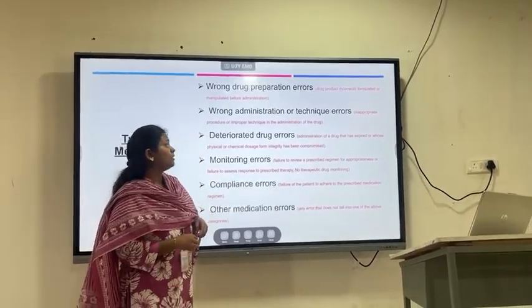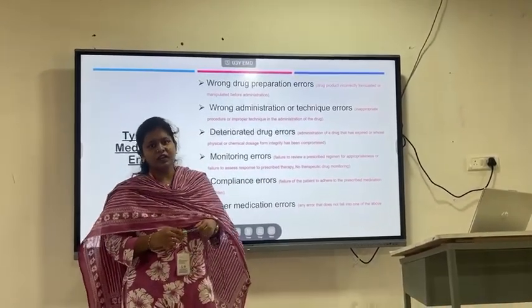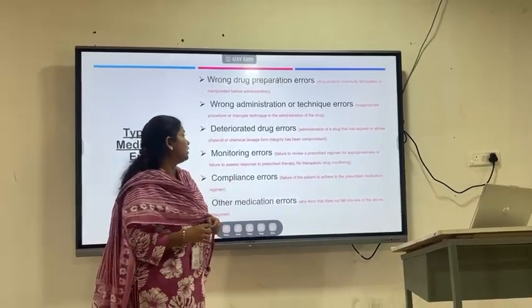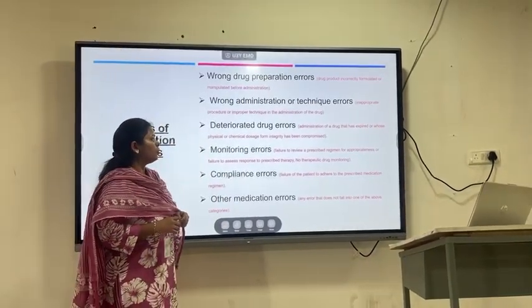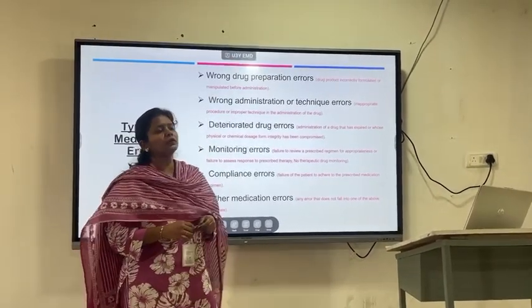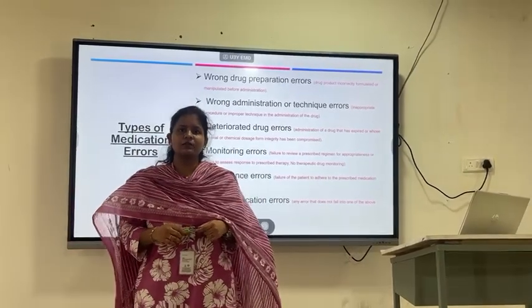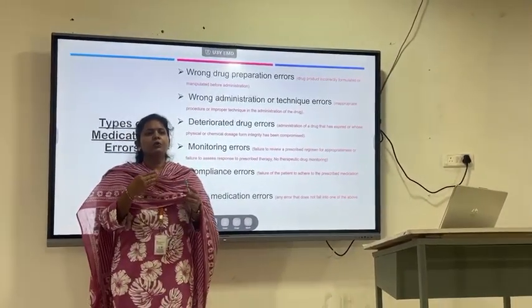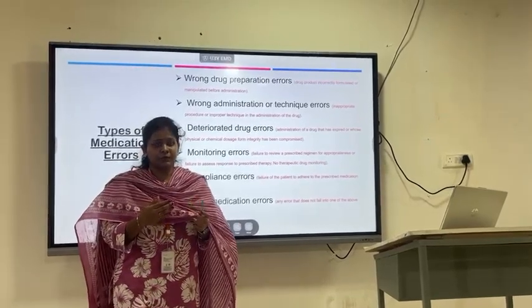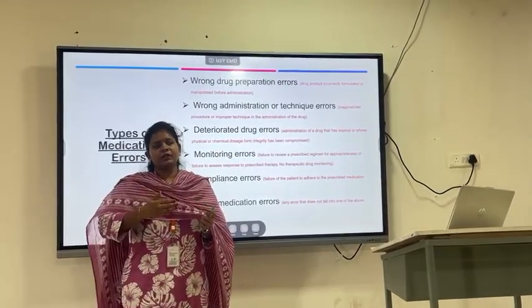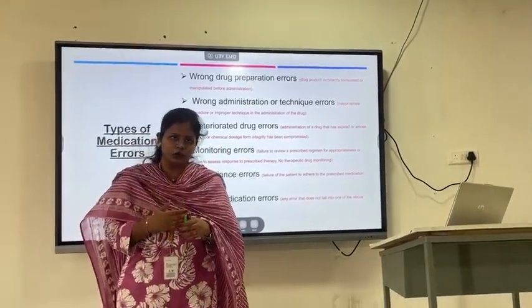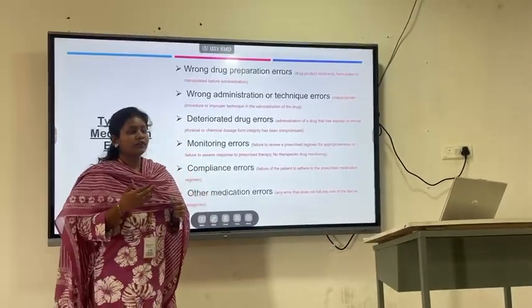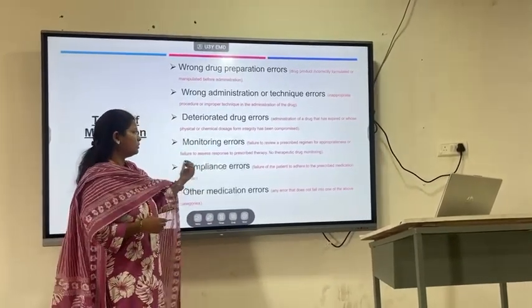Deteriorated drug errors include giving expired drugs. Monitoring errors are the failure to review the patient's prescribed therapy, whether the disease is progressing and whether the patient is getting a proper outcome. If it is not properly monitored, it comes under monitoring errors.